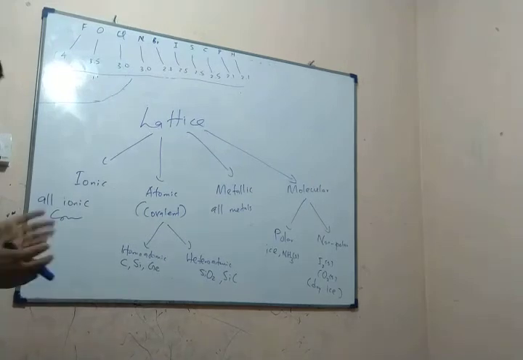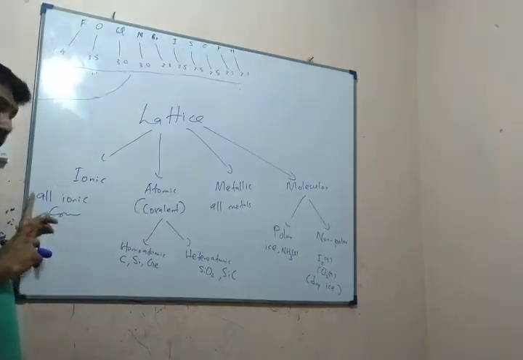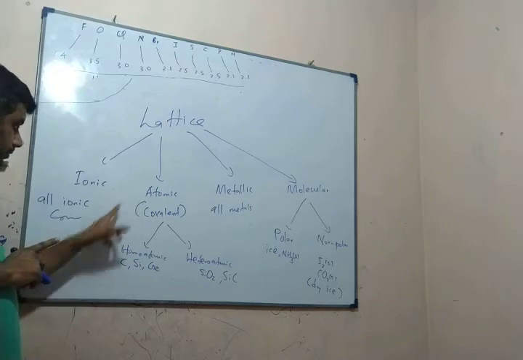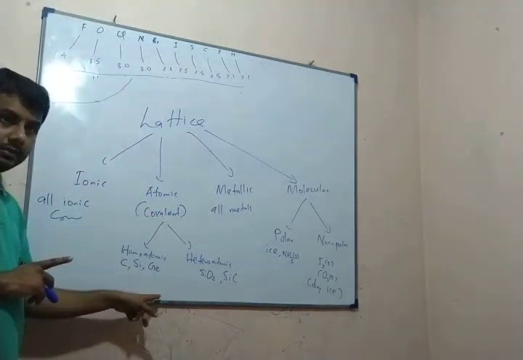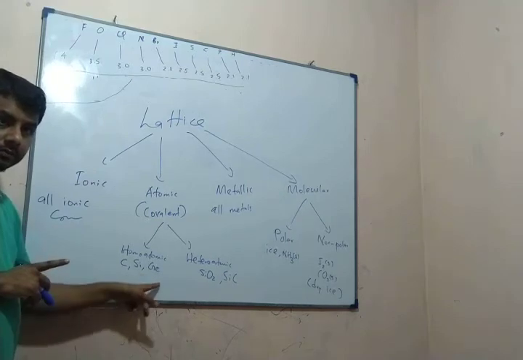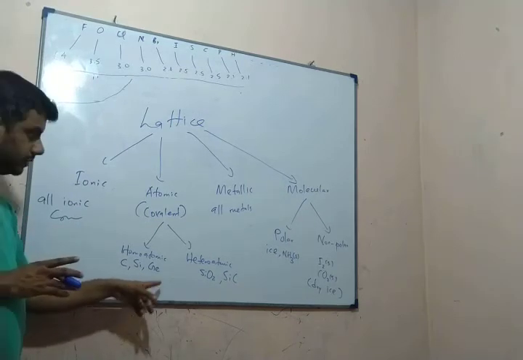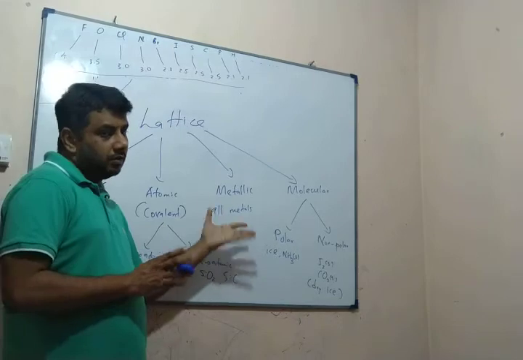As I said earlier, what's the interaction? Ionic lattice: ionic bond. Atomic lattice, covalent lattice: covalent bond. All metals: metallic bond.